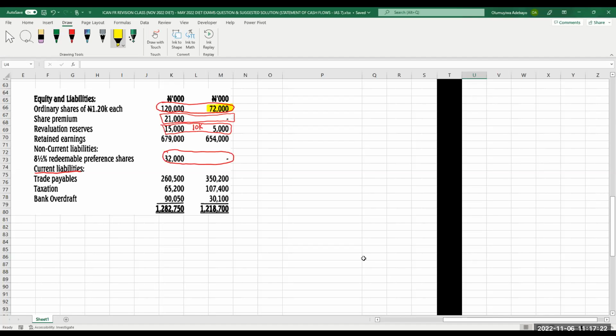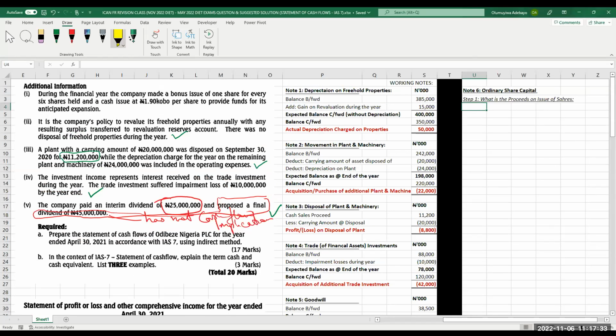Therefore, we are told that the nominal price is £1.20. Therefore, let us analyze that. Number of shares in issue in 2020.